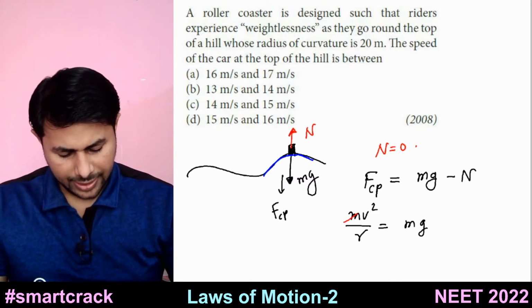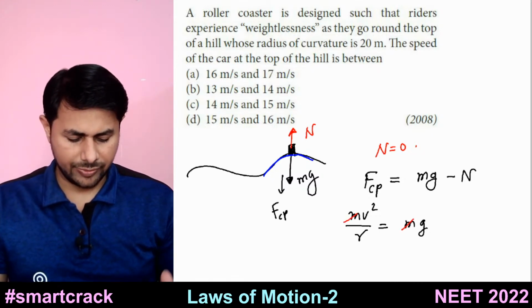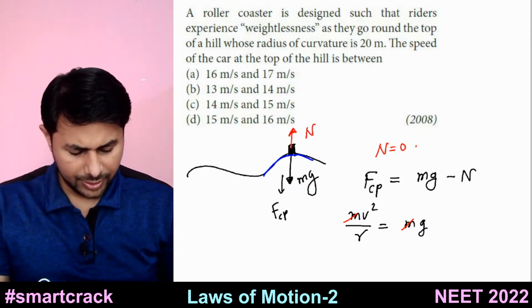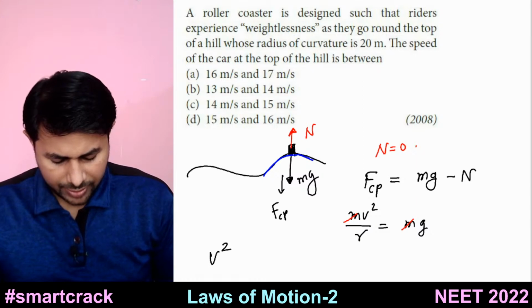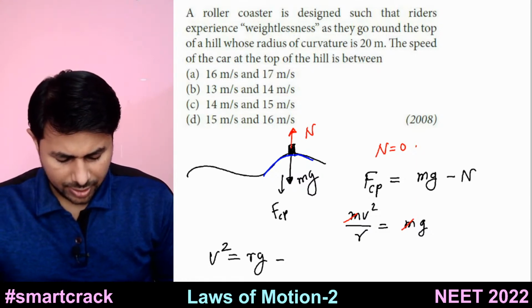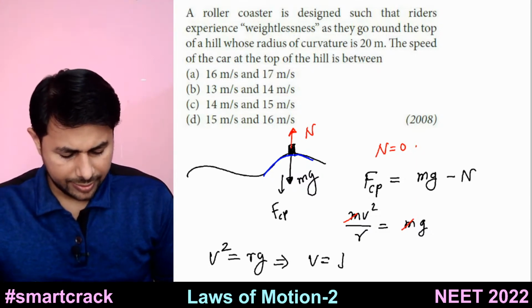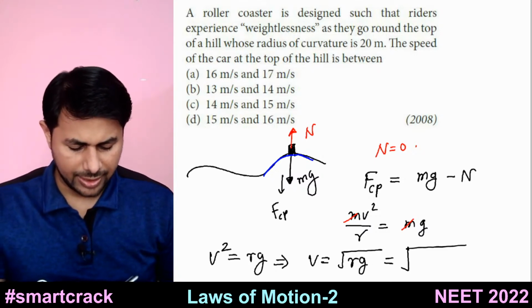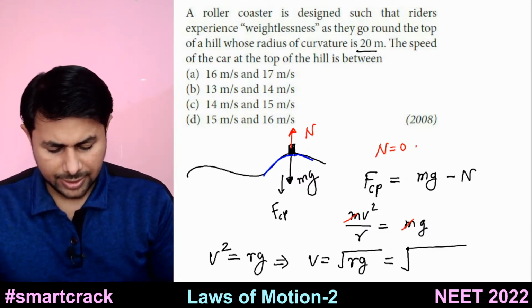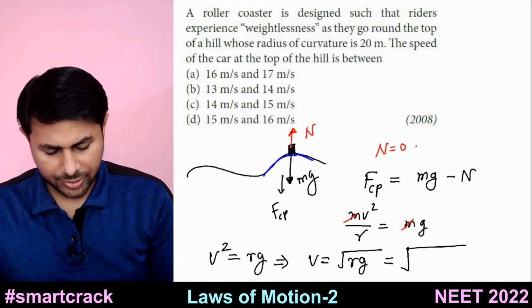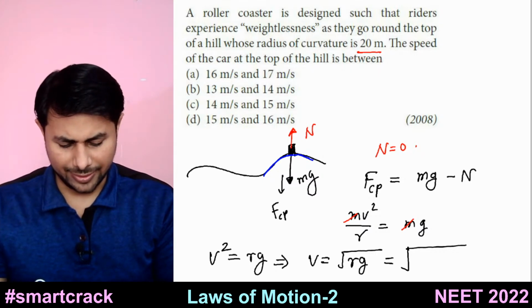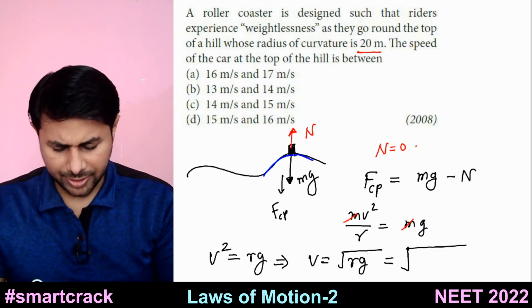M you can cancel out, so you get v square equals, you can take r on the other side, v square equals rg, or v equals square root of rg. You can substitute the value. The radius of curvature is 20 meters. Let's substitute that.